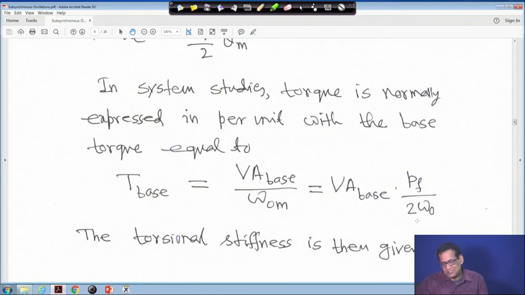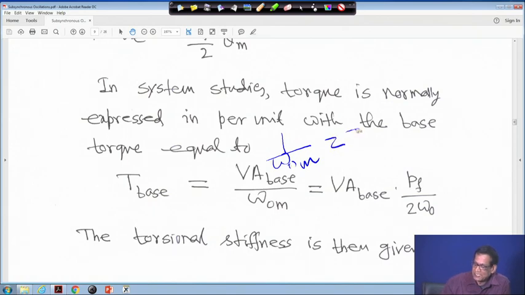The relationship is that omega 0m, the mechanical radian per second, and the electrical radian per second are the same, so we have already made it. So, 1 upon omega 0m is replaced by Pf upon 2 omega 0.